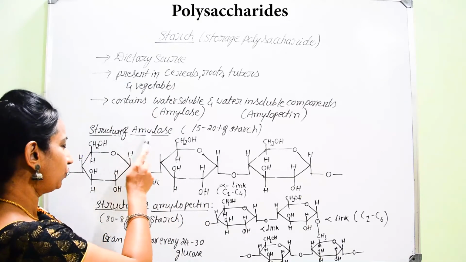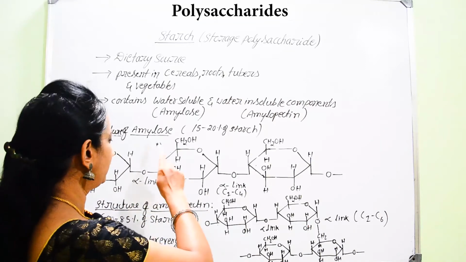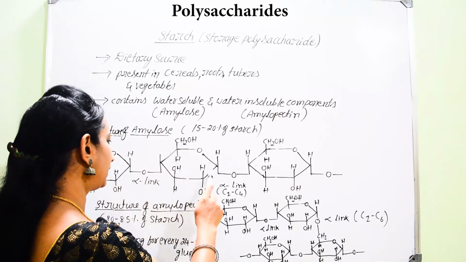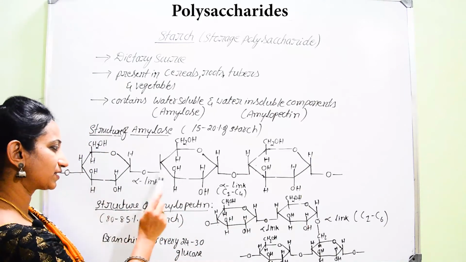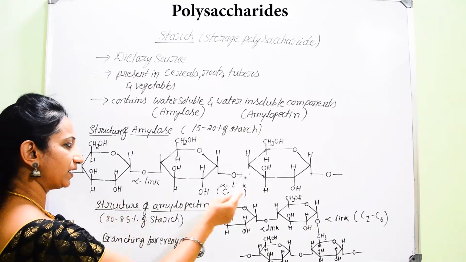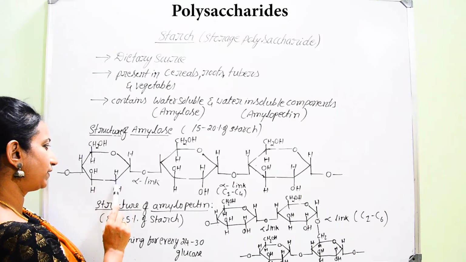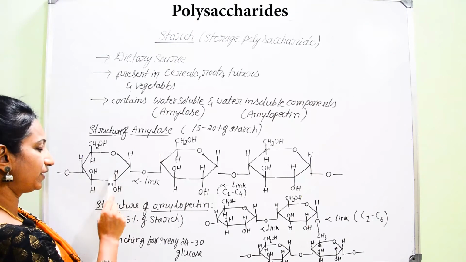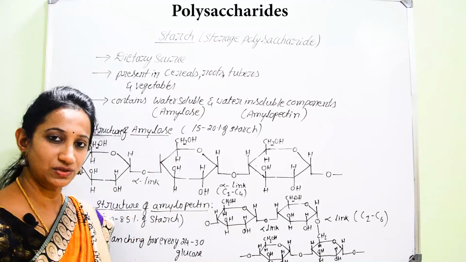Now if you go for analysis of the structure of amylose, actually amylose is made up of n number of glucose units. As you can find here, I have written the partial structure of amylose, so there will be continuity on either side. This very first ring I have written represents an alpha D glucose unit. All these represent alpha D glucose units.